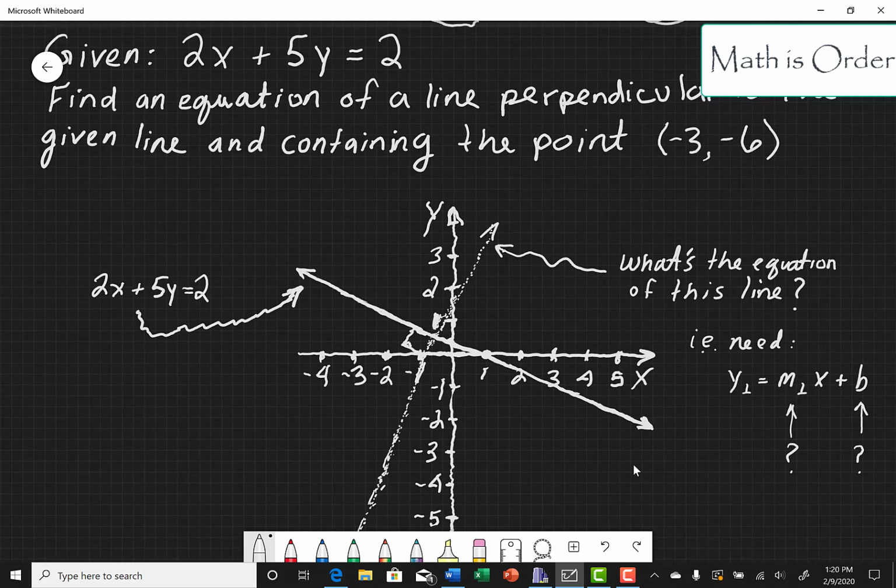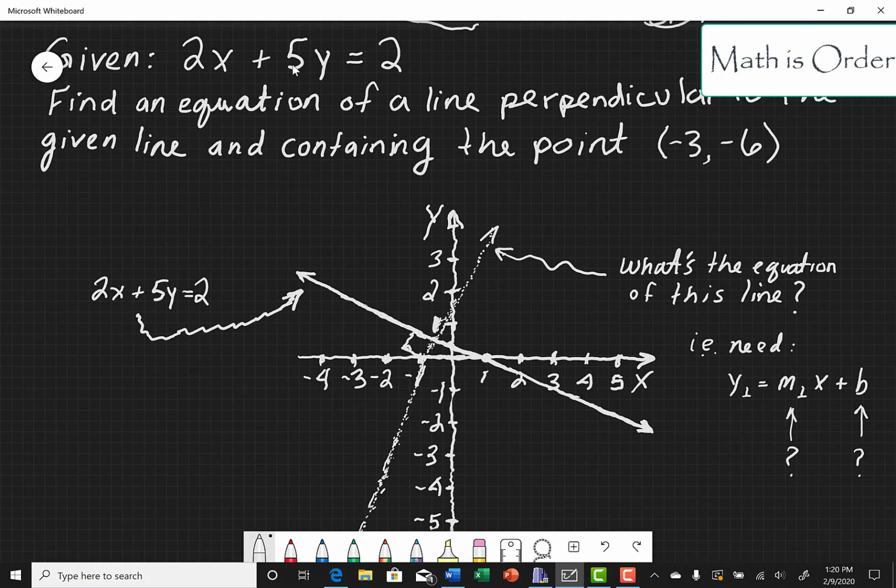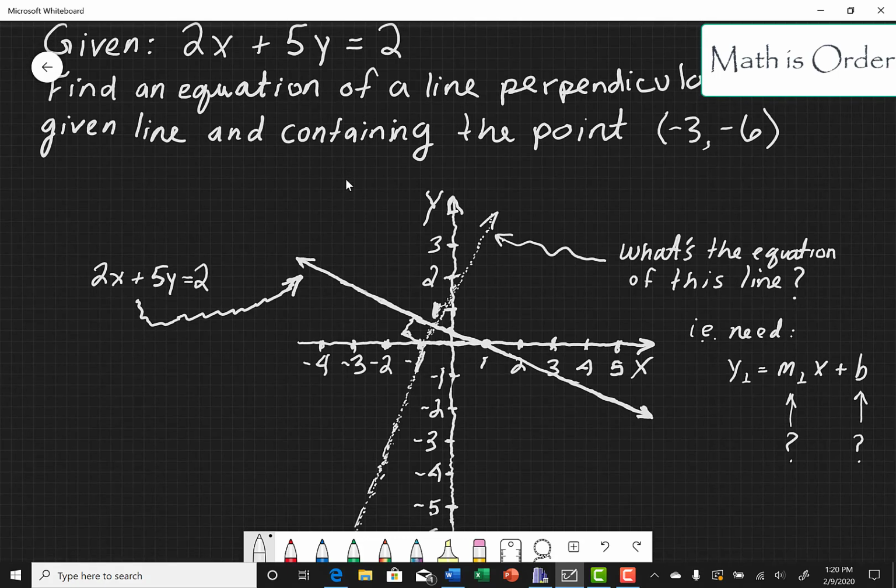Like before, I'm going to rearrange the given equation and put it in slope-intercept form, that is y equals mx plus b form. And then I'm going to recognize what the slope is.